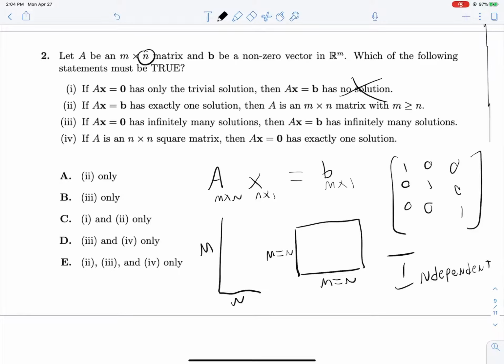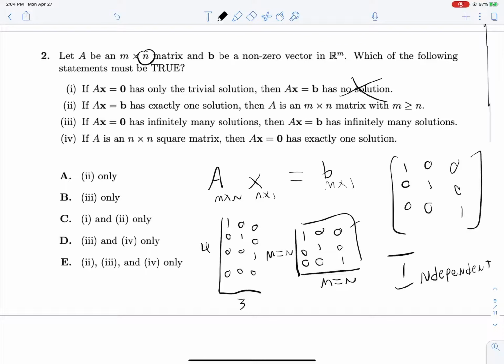When can that happen? Well, it definitely can't happen if we have more columns than the dimension of our output space. So let's say that n is 3, m is 4. We could have 1 0 0 0, 0 1 0 0, 0 0 1 0, and if m is equal to n, let's say 3, we have 1 0 0, 0 1 0, 0 0 1.